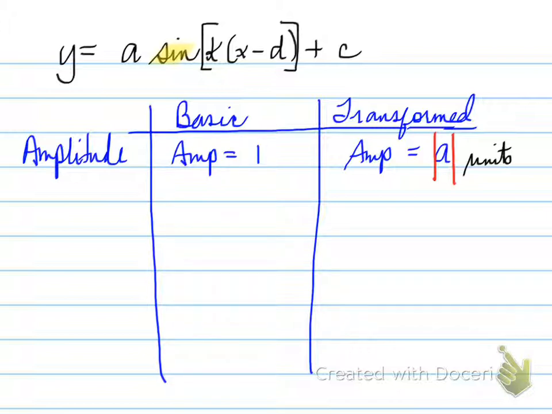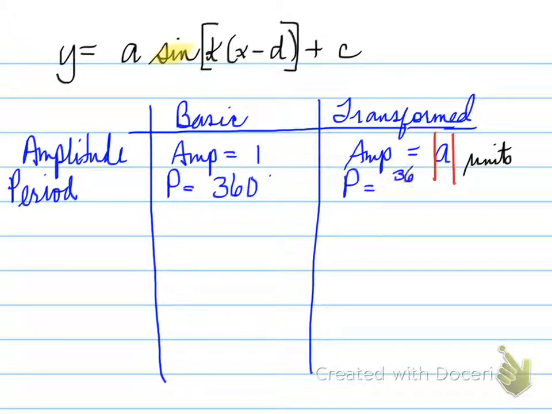The period is always 360 in the basic function. In the transformed function, it is equal to 1 over k times 360, or 360 divided by k. So either is acceptable, whichever one you're more comfortable with.